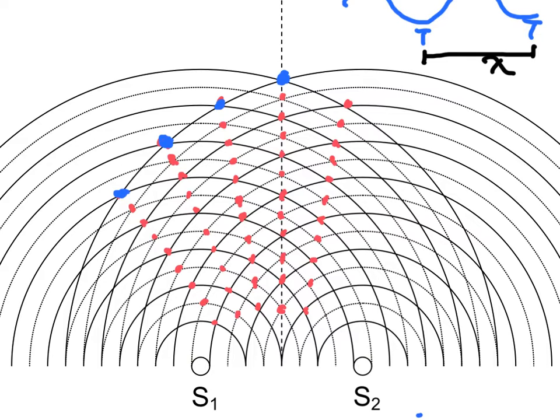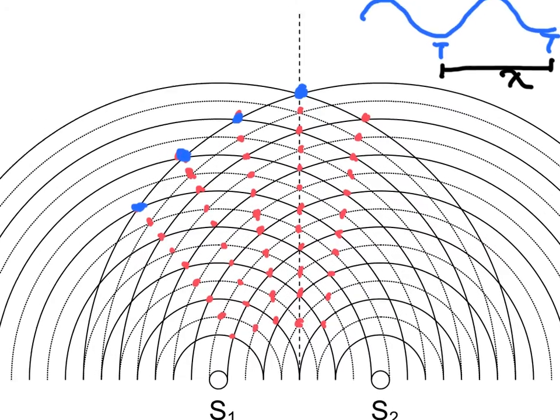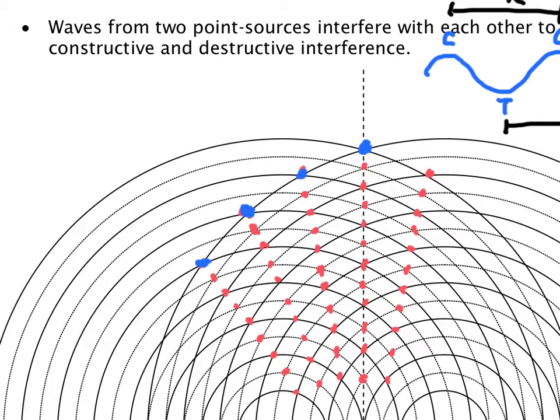Okay, so now that we've taken a look at all of the areas of constructive interference, let's take a look at all the areas in between. I want you to focus on these areas. If you take a look carefully, you'll notice that from source number 1, for example at this point over here, you have a trough, but from source number 2, you have a crest.